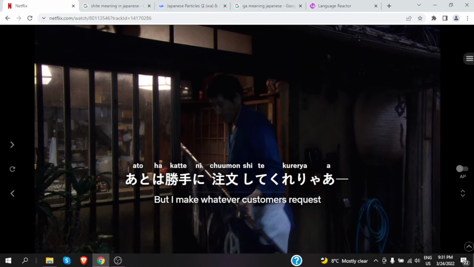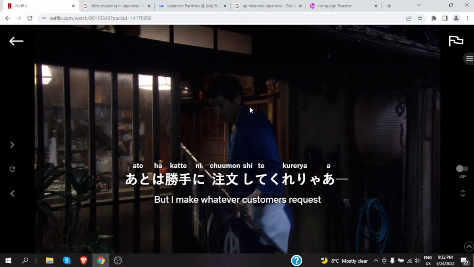Ato wa kate. It's like what they want, what their convenience is. Kate ni chumon is order. Chumon. Chumon shita. I'm guessing shita is do. You know, the order they did. It's tough. Shita kureria.